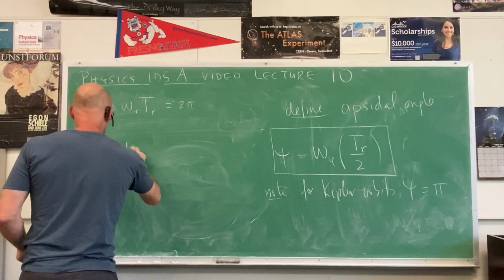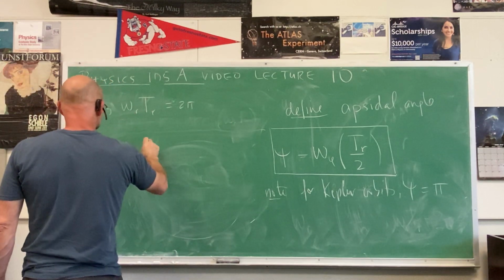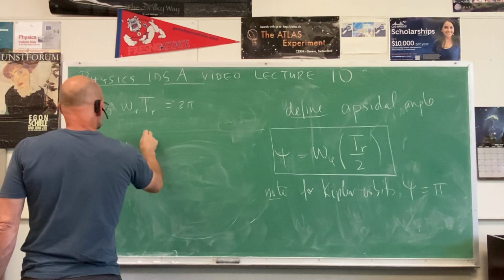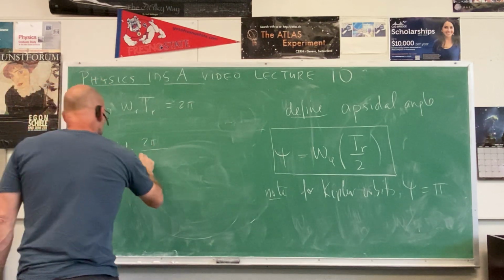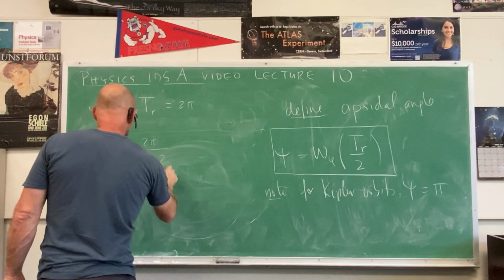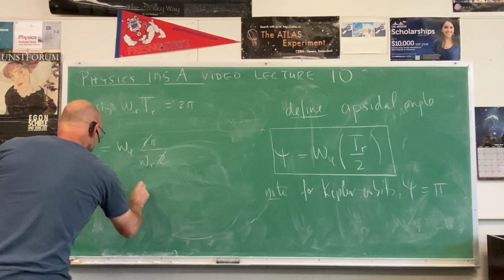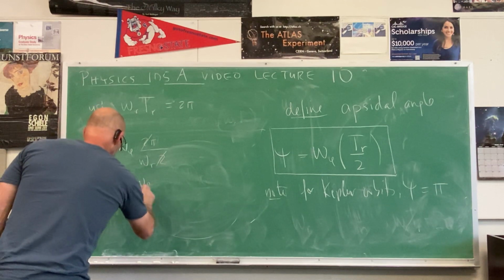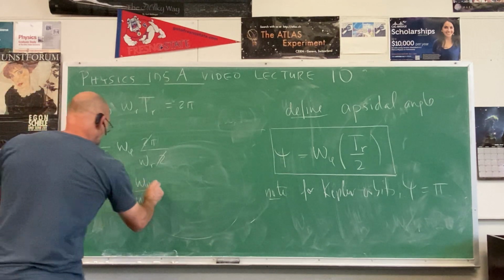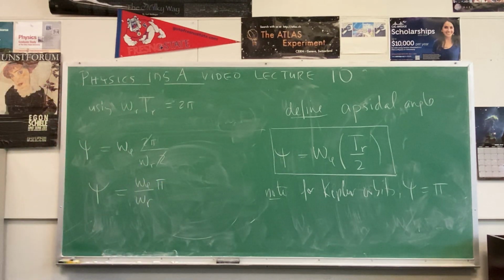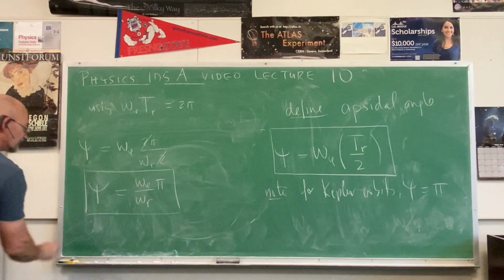So we got omega sub phi, and then T sub r over 2. T sub r, we've got 2 pi over omega sub r. Got another 2 there. So here's our absolute angle: omega sub phi over omega sub r and pi. So this is the one we're going to use in a general formula.